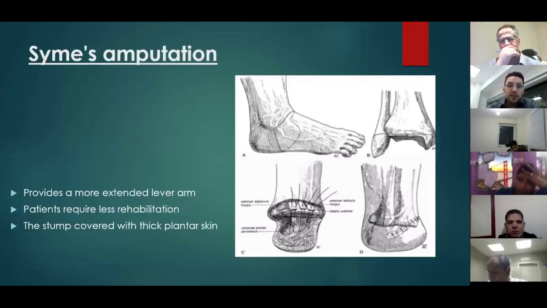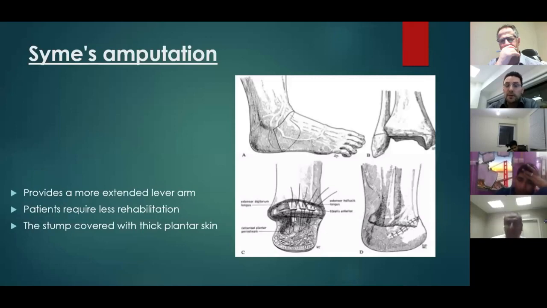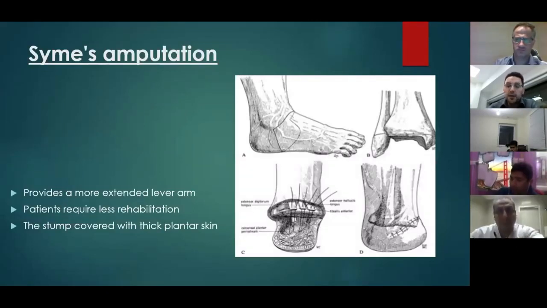The advantage is that it provides a more extended lever arm. Again, it's back to basic science and biomechanics. With a longer lever arm, you have better quadriceps muscle function, and you also preserve energy consumption. Patients require less rehabilitation with this technique, as you are putting on the stump the thick plantar skin, which is designed for weight bearing.